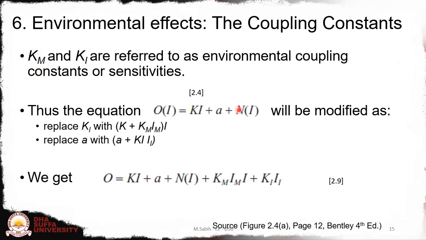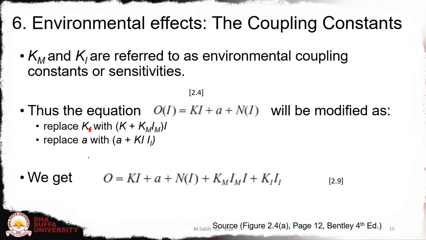So the equation will be modified, and how will it be modified? A will be changed to A plus Ki II. Actually, I should replace this; it's wrong.